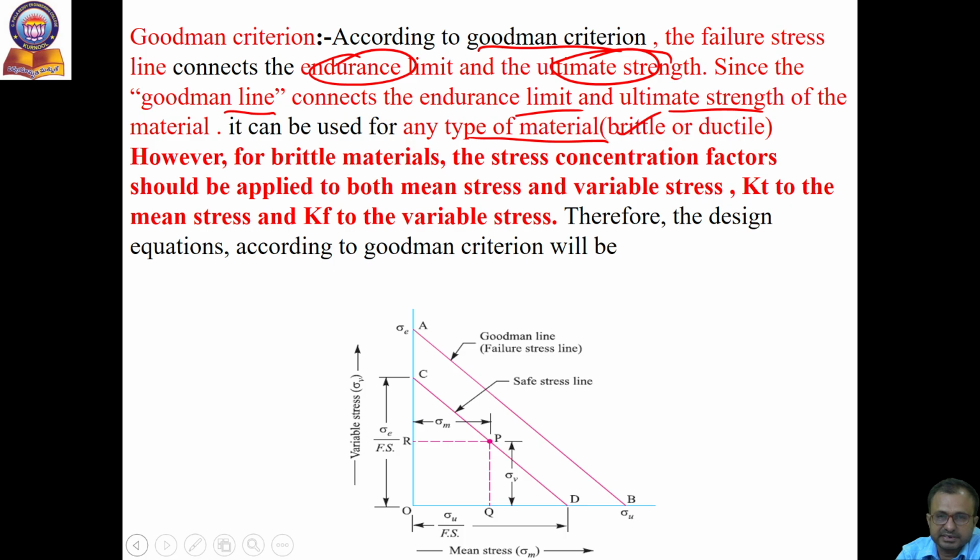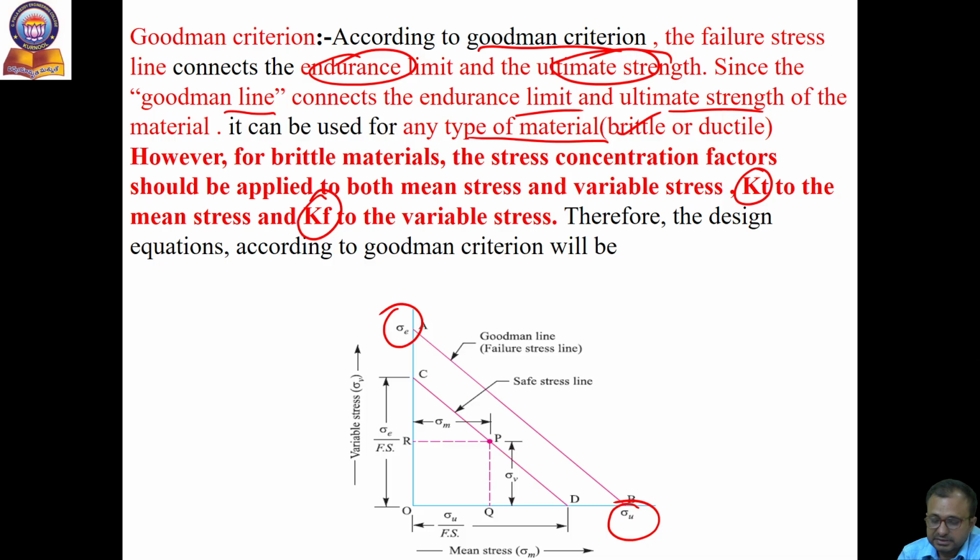However, for brittle materials, the stress concentration factor is applied to both the mean stress, that is KT, and for variable stress we take KF. The derivation is also the same as this. The only thing is, in the Goodman criterion we connect the straight line with sigma E and sigma ultimate.